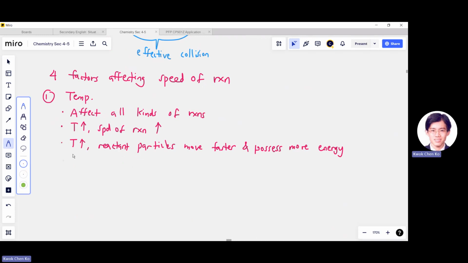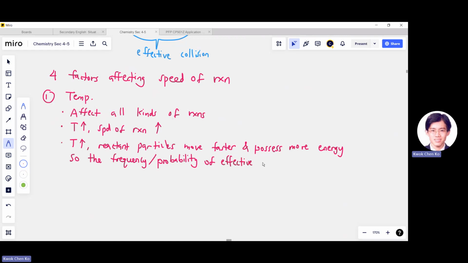The next phrase is super important. Highlight the next phrase: the frequency. If you don't like frequency, then you use probability. Or your favorite phrase, effective collision.